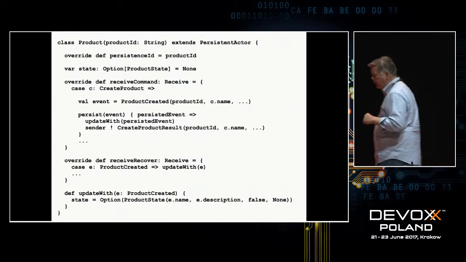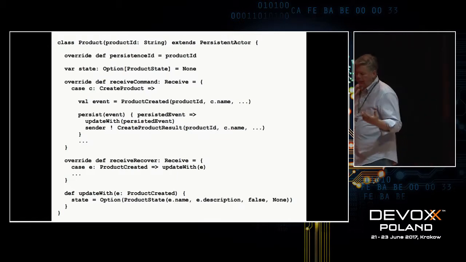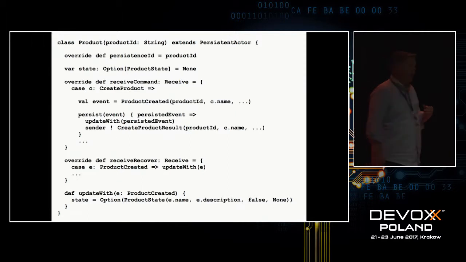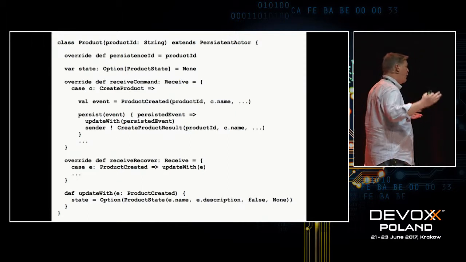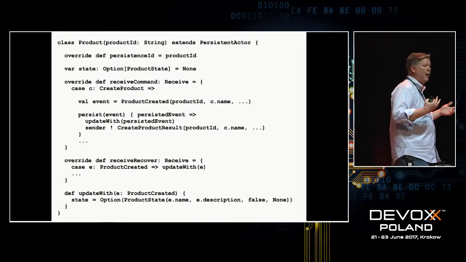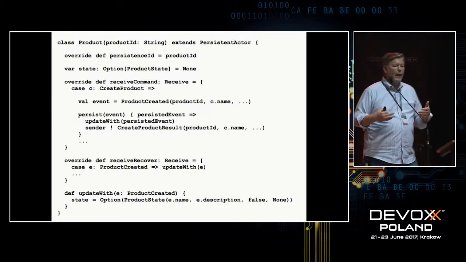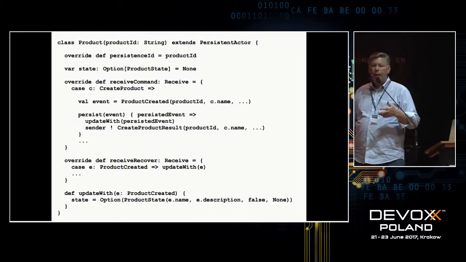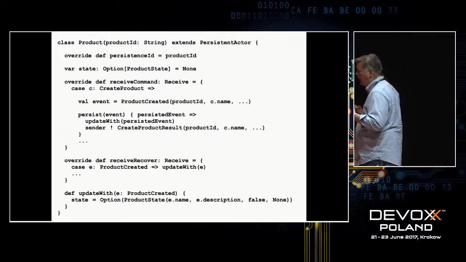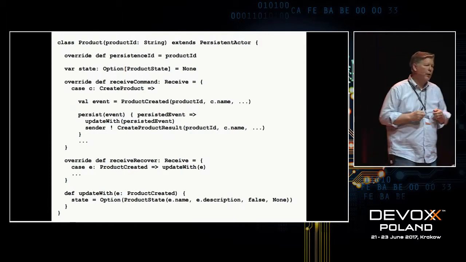So here's a brief look at an Akka persistent actor that is fulfilling the role of an aggregate named product, and this actor allows us to bring in or accept an incoming command message. It translates that to the corresponding event and then emits the event that will be stored, and it will also represent the state of this actor internally as the stream of events builds up.